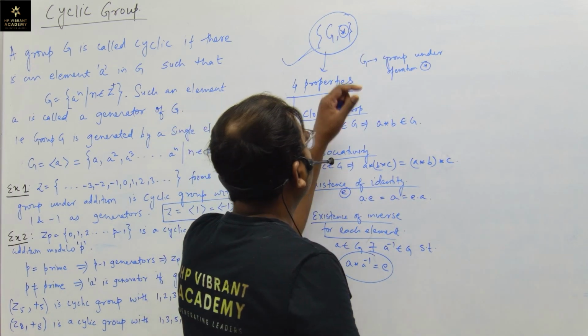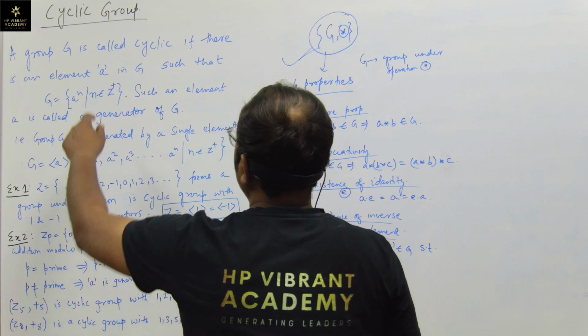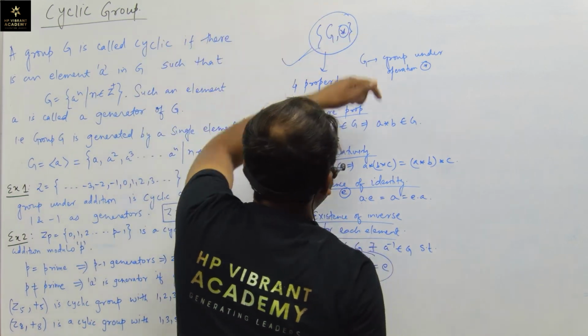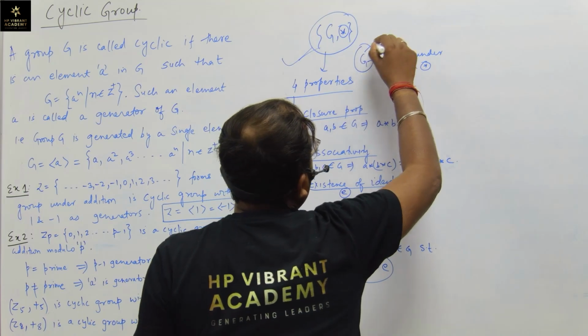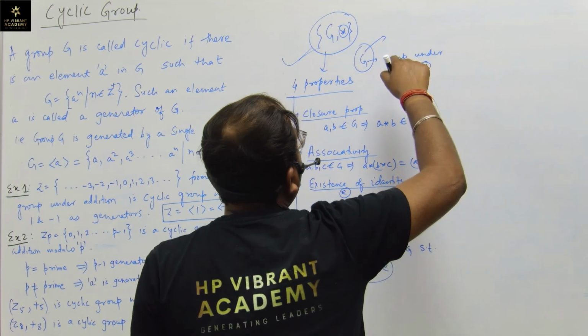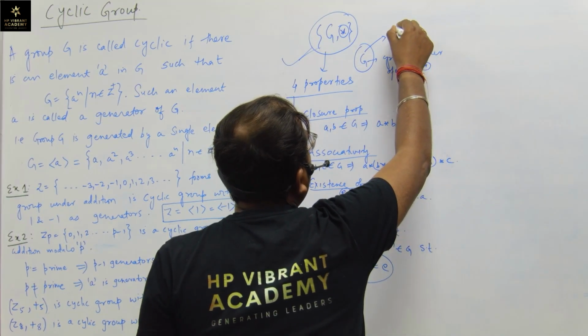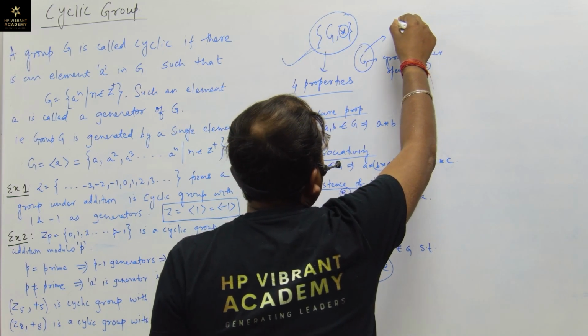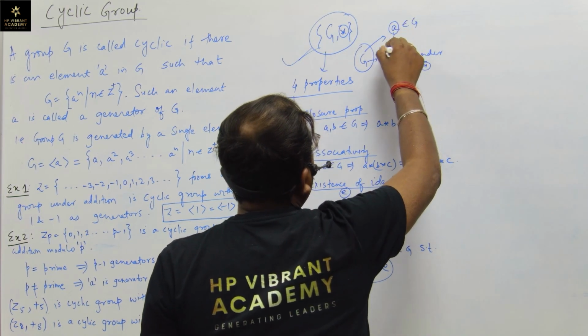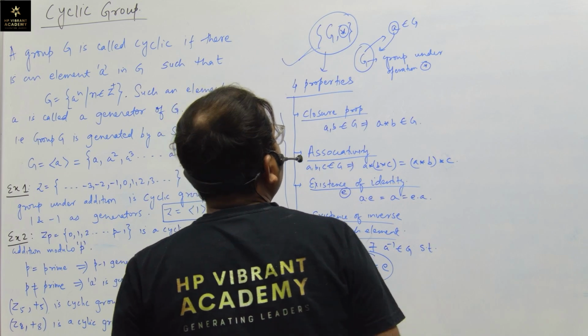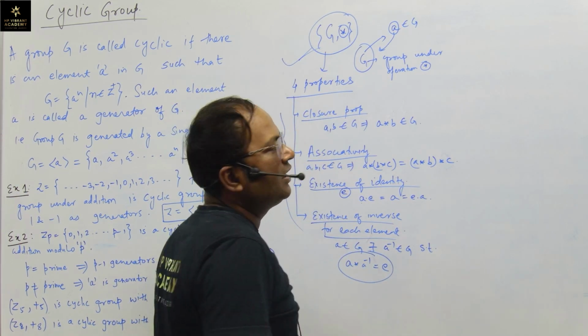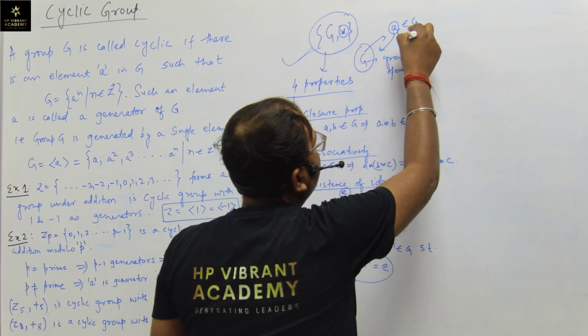Now this group G is called cyclic if it is generated by a single element. Suppose this element A belongs to G. If this element generates the whole group, then we call that group a cyclic group, and we call this A a generator.